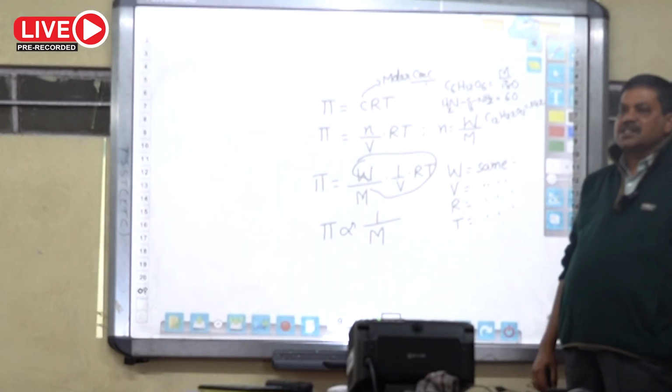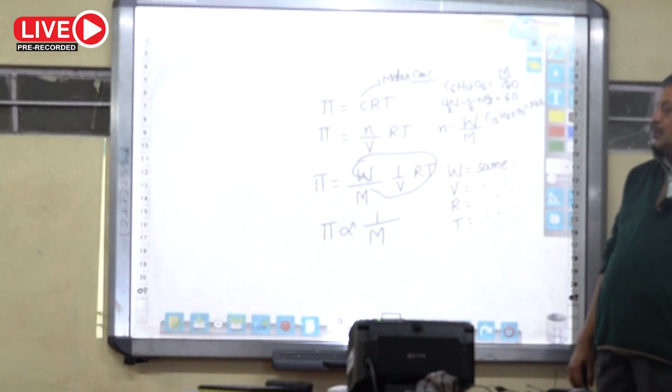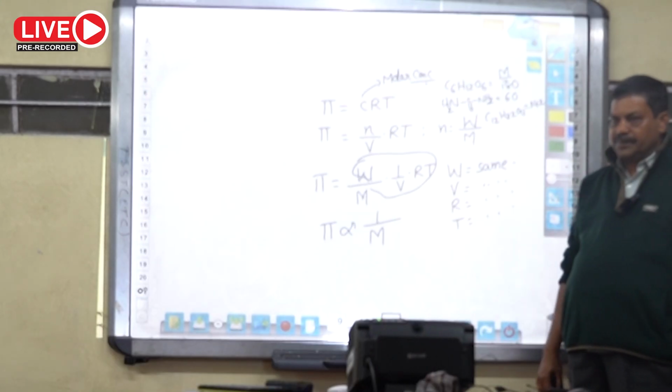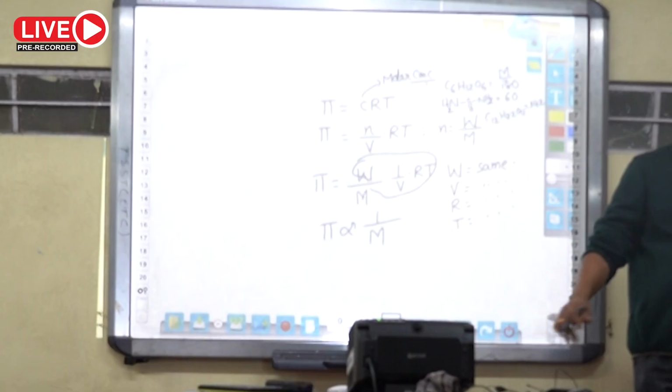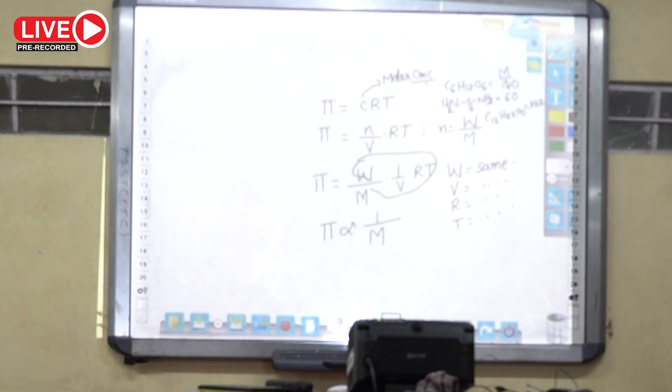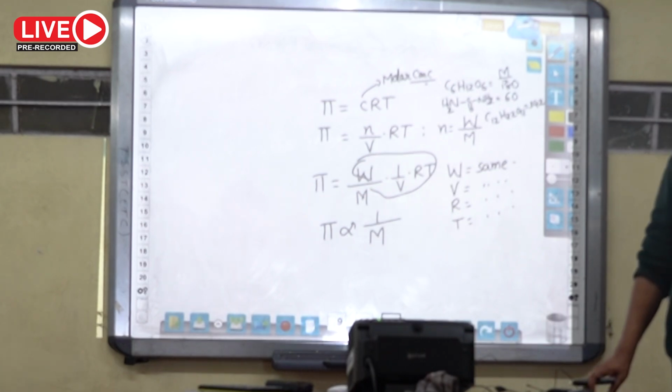So the one having the highest molecular weight will have less osmotic pressure. Inversely proportional. 342, correct? C12, H22, O11. Yes. So based on this, P2, what is P2?